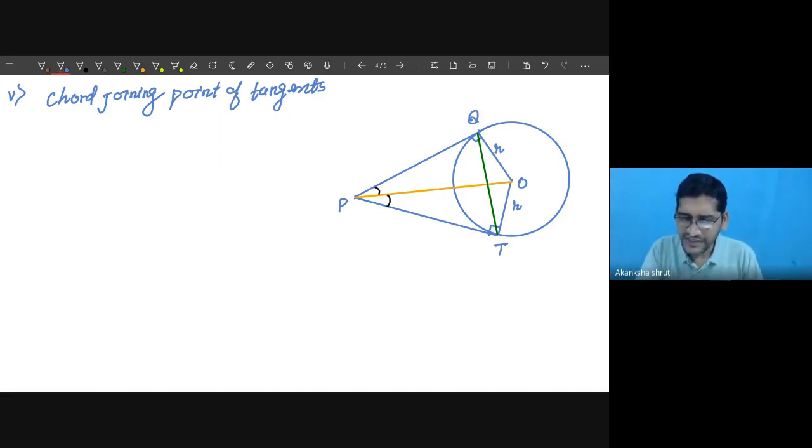Or even from the class 9th concept, we can say the perpendicular from the center to the chord is OP.